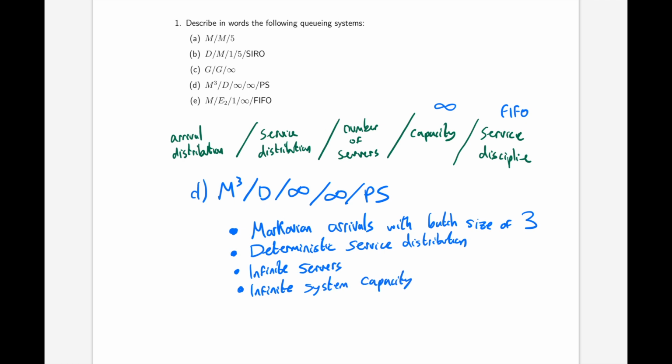And the service discipline is PS, that stands for processor sharing. And what that means is that the more people that are in service at any time, the slower the service rate. So the service rate is proportional to the number of people in service.